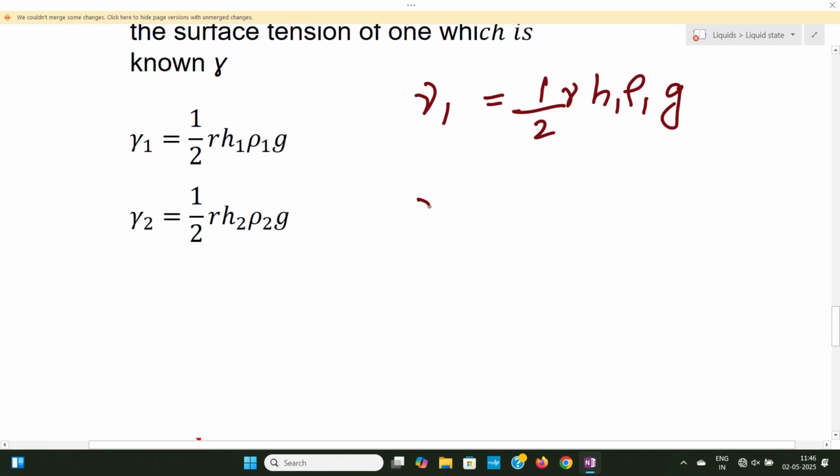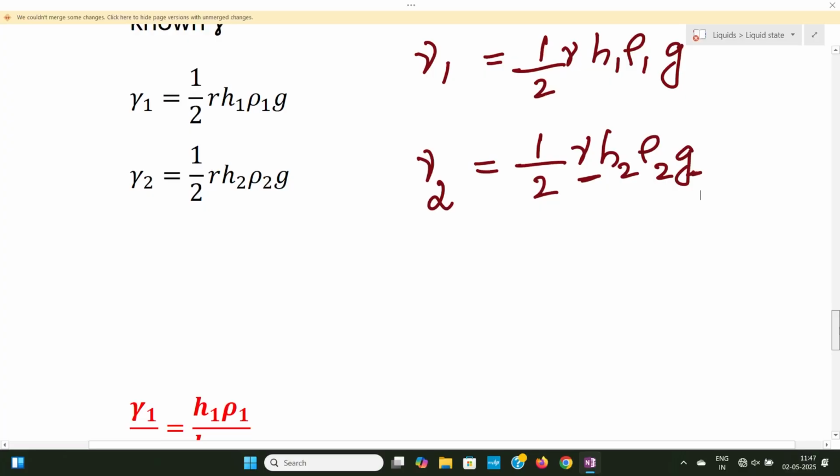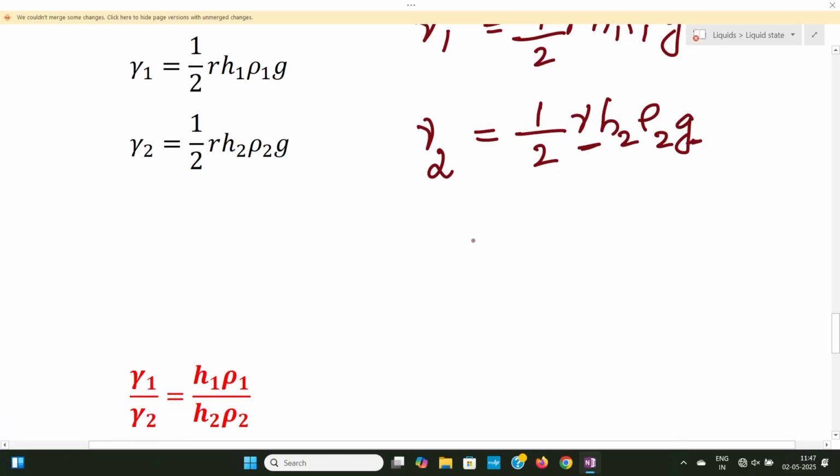For the second liquid, the surface tension is gamma 2, then the equation becomes 1 by 2 r h2 rho 2 g. The radius of the tube and the acceleration due to gravity are not changing, and here the height of the liquid and the density of the liquid vary, because the rise in the capillary tube will be different compared to the other liquid, and the density of the liquid will also be different. Now we have to see gamma 1 by gamma 2.